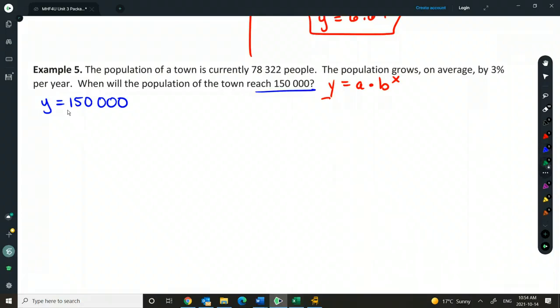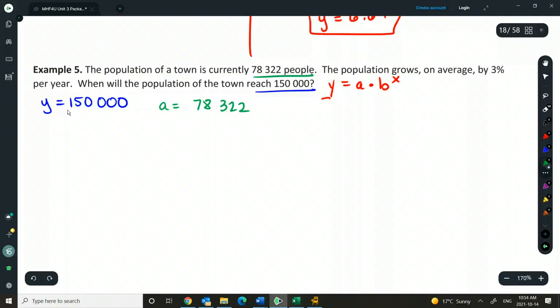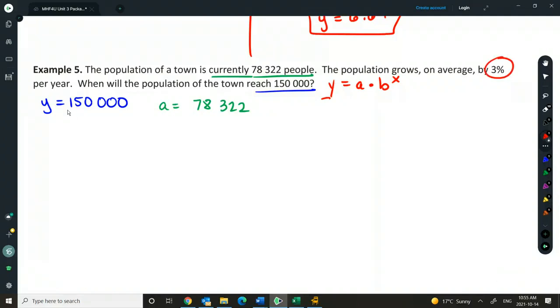Emma? 78,322, that's the current population or starting population. Zach? I is 0.03. Okay, so if we were doing interest, we would use compound interest. So we do need to think about the 3 in terms of a decimal. What else do we need to do with this, Bella?